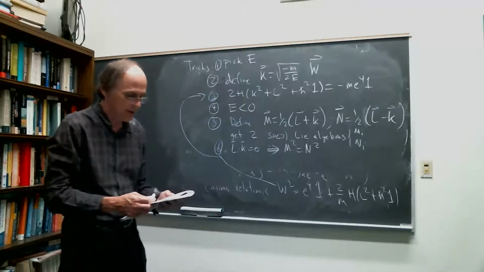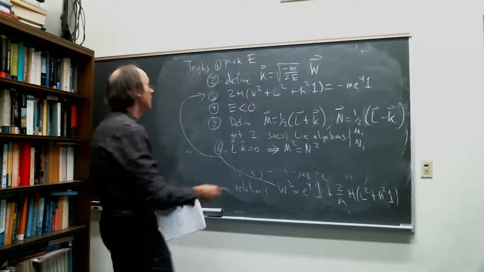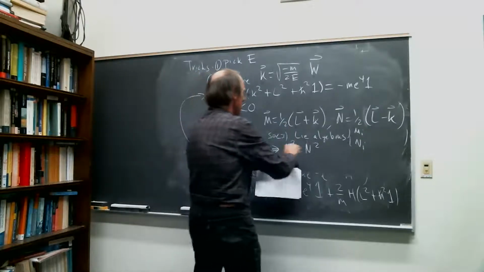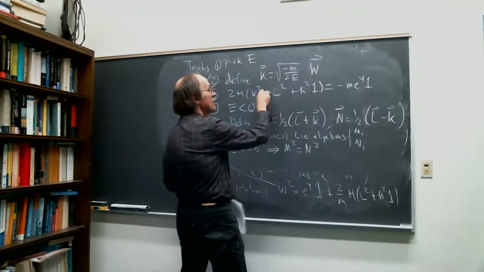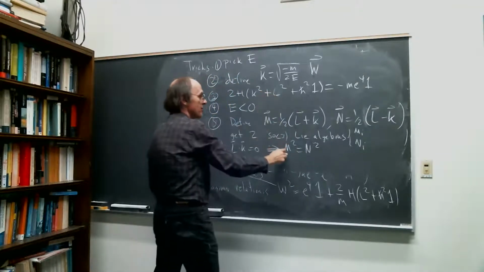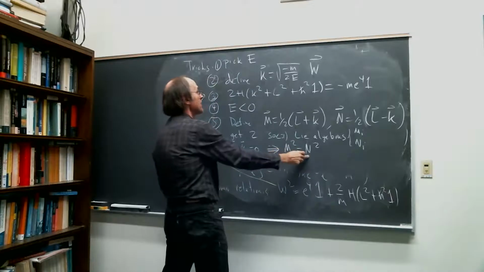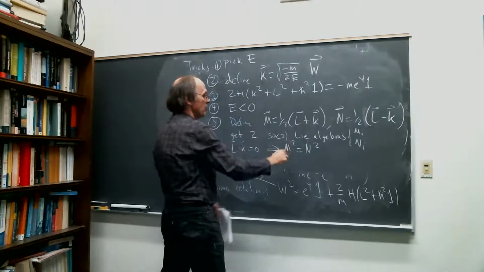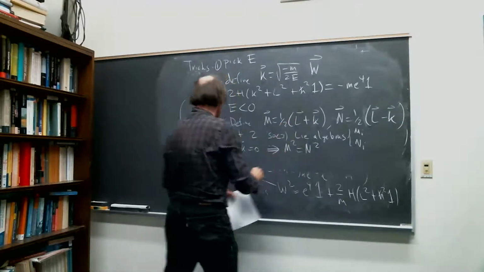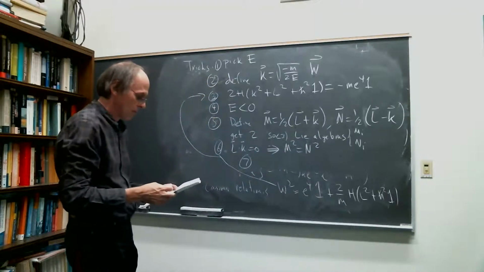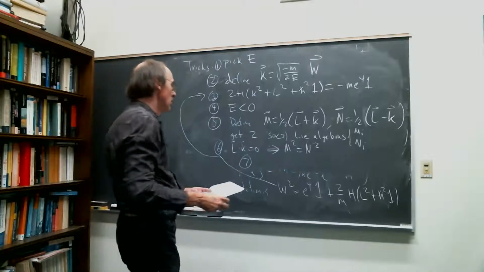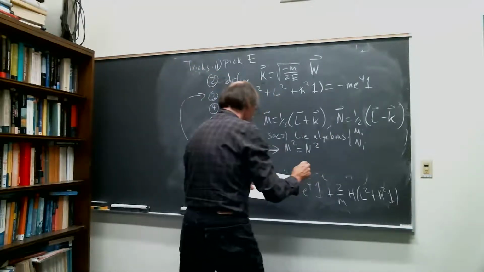And then what you do is you just solve this, and you plug in the possible values of either one of these Casimir operators into here. You rewrite this guy in terms of m squared and n squared, and you plug in the possible values, and then you get your answer.